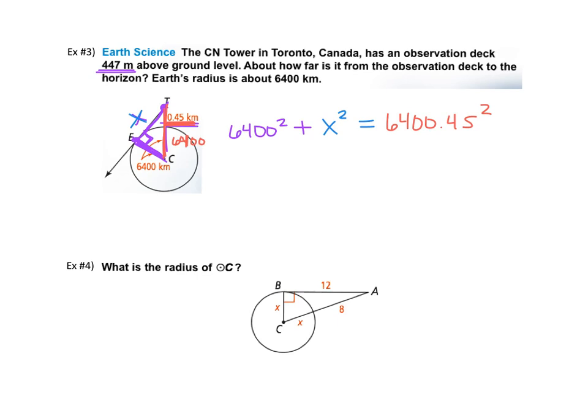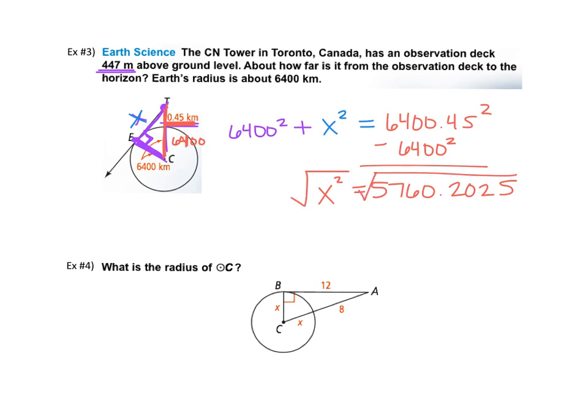If we plug this in, we're going to subtract 6,400 squared. Make sure you're plugging it in that way. So 6,400.45 squared minus 6,400 squared. You get x squared equals 5,760.2025. Okay. And then from there, we just square root.